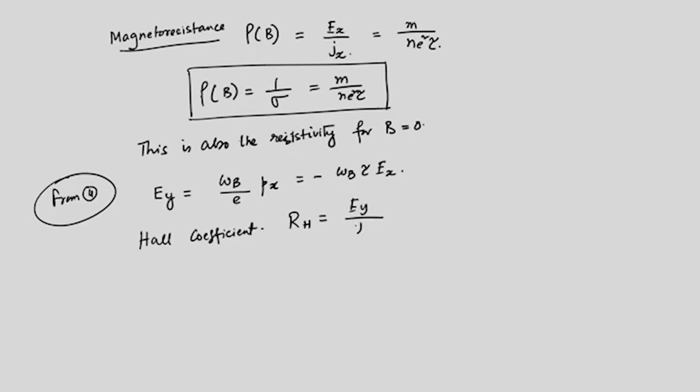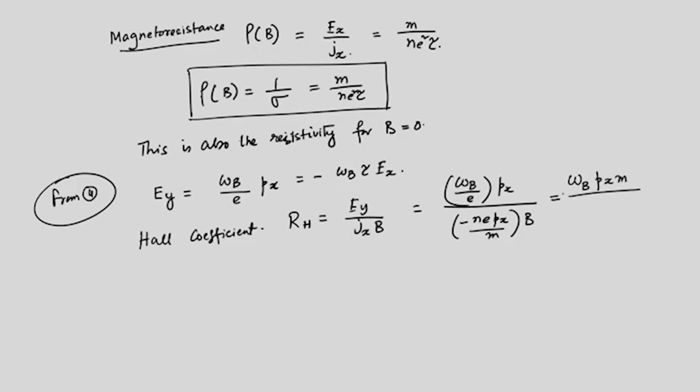R_H is equal to Ey divided by Jx into B, the magnetic field, and this is nothing but omega_B by e into Px, divided by minus Ne Px divided by m into B. And if you simplify this, you have omega_B Px m with a minus sign, and you have Ne squared, the Px will cancel, and it's Ne squared and a B. Okay, so that's the Hall coefficient.